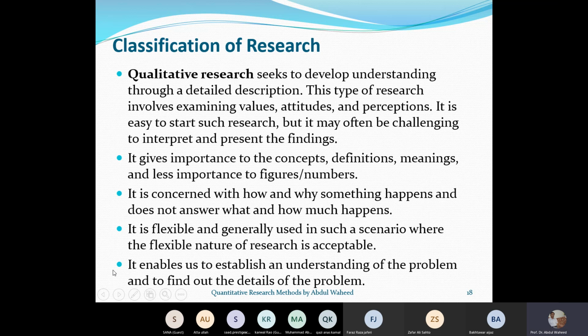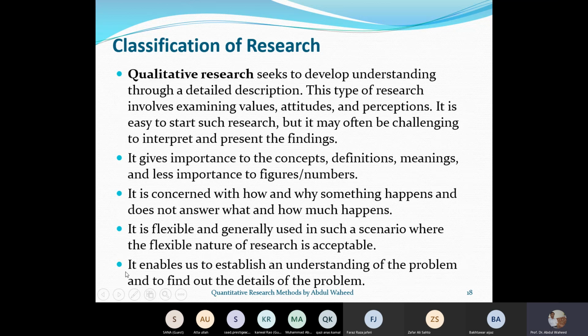So we can move in different directions in qualitative research. But in quantitative research, we are very specific. We have data on those variables. We can only use those variables, and then we will get results for those variables. But here, because this is journals, discussion, interviews, and many ideas are coming, it is flexible.